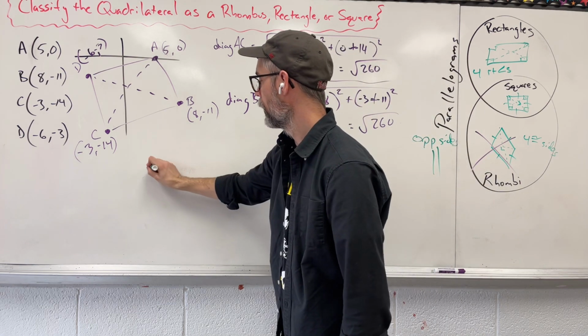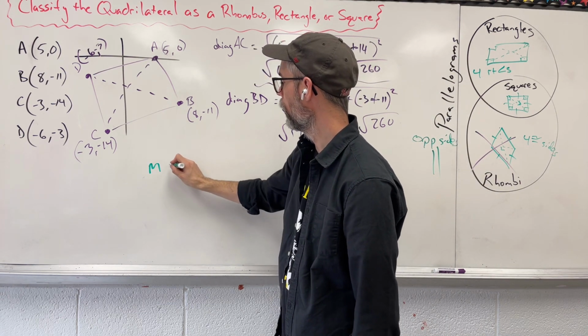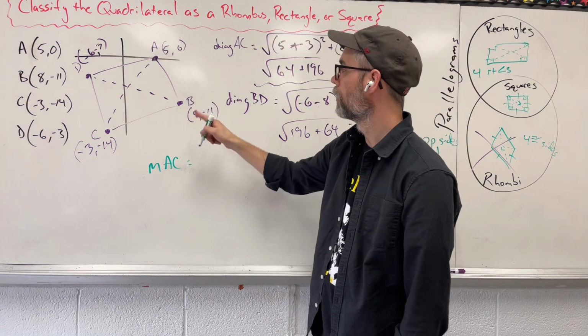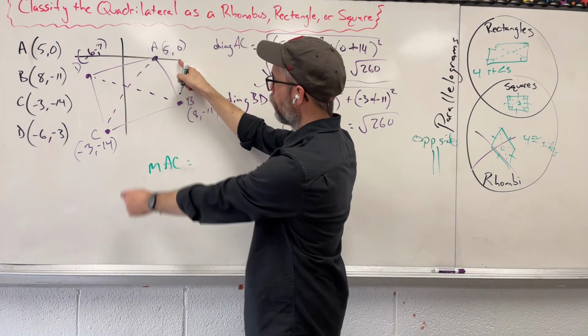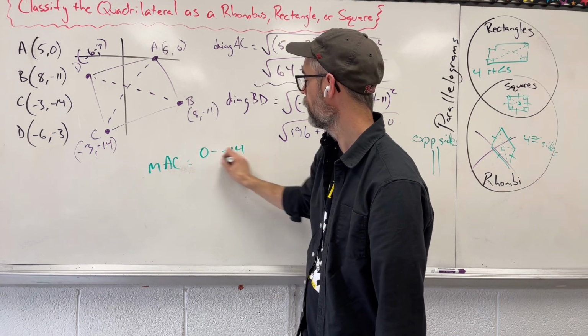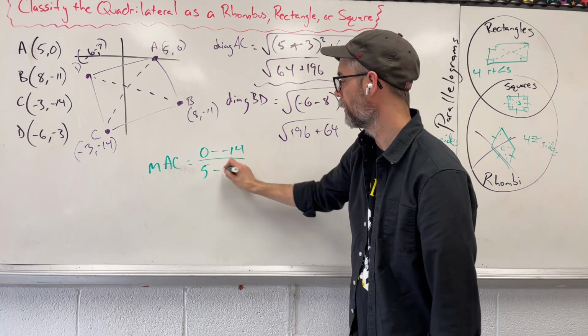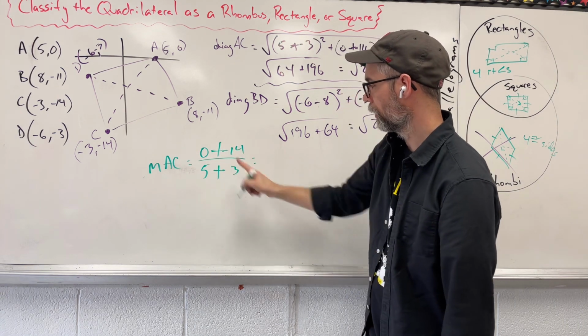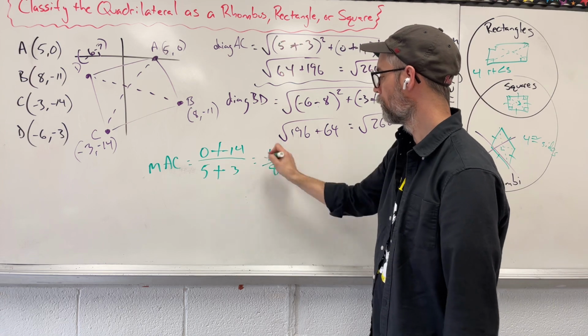So we're going to say m, our slope of AC, equals change in y over change in x. We're saying 0 minus negative 14 over 5 minus negative 3, plus plus, giving us 14 over 8.